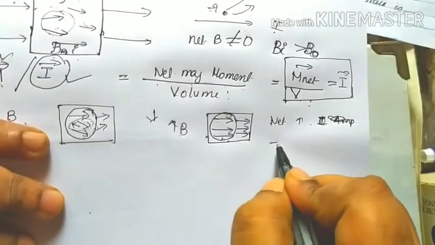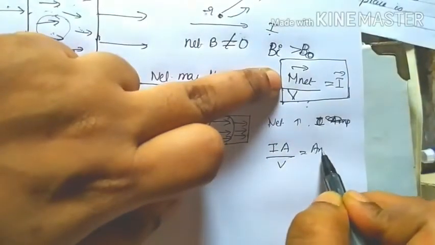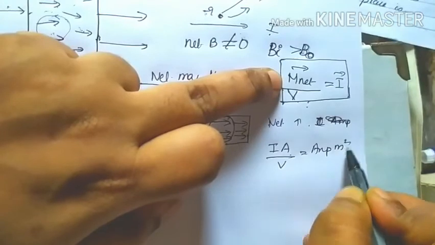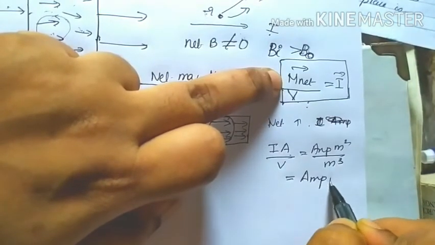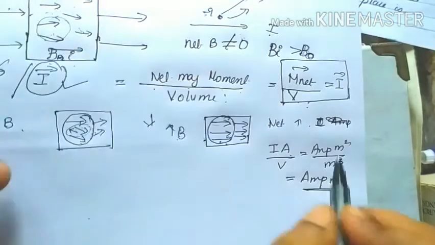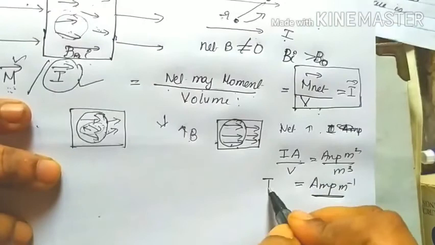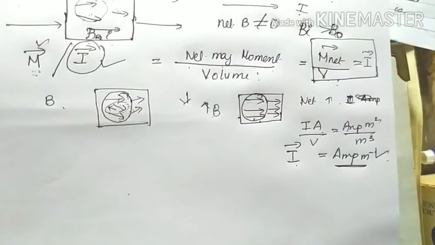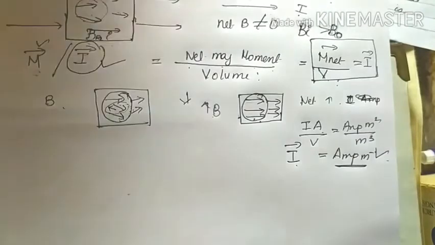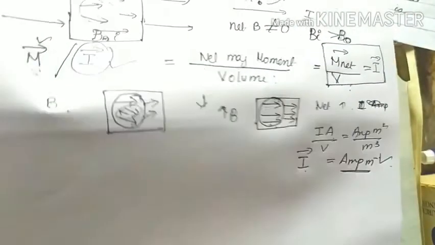So M net is I into A divided by V. Volume is meter cube, so the unit is ampere meter raised to the power -1. That is the unit of the magnetization vector, or I bar. Clear? Now let's move on to the next topic, which is magnetic intensity.